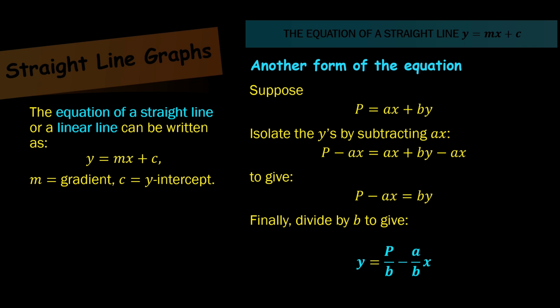So this can be written as y equals p over b minus a over b x, or y equals minus a over b x plus p over b.